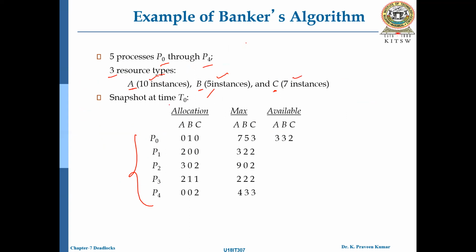So this is the snapshot at time T0. At time T0, these are the allocations, this is Max, and this is Available. Available resources are 3 3 2, and for P0, 0 of A type, 1 of B type, 0 of C type is already allocated, and its maximum need is 7 5 3.